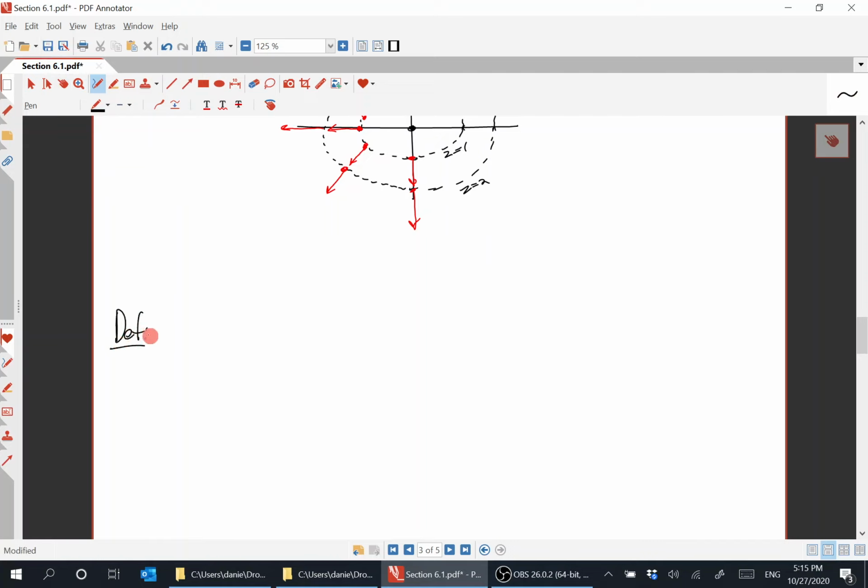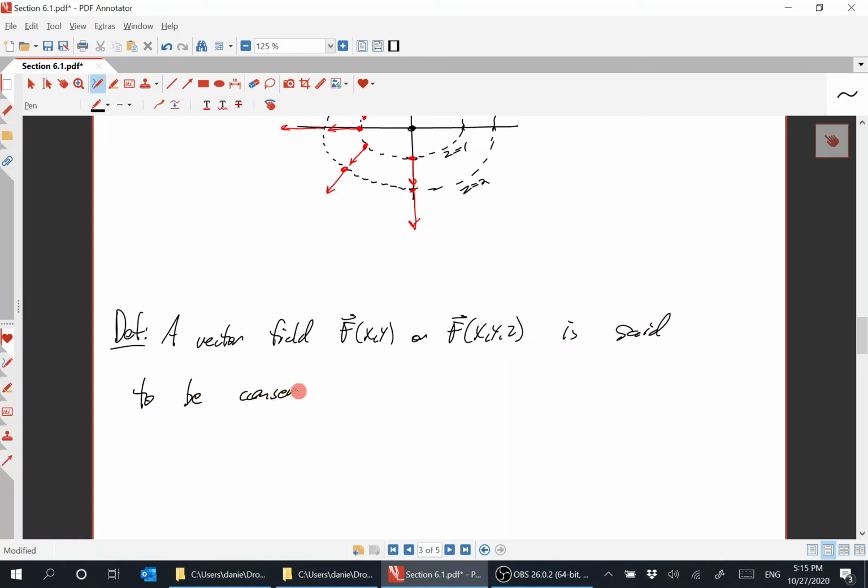So, a vector field F of x, y or F of x, y, z is said to be conservative when it has a potential function.